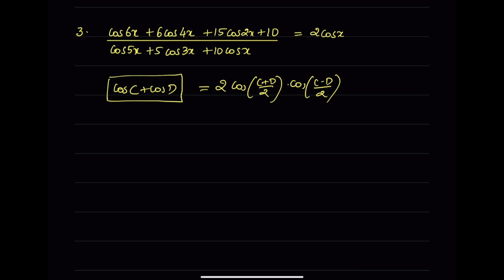Now let's observe the numerator and see what we can split so that we can change this to cos C plus cos D. So we can write the numerator again as cos 6x plus cos 4x plus 5 cos 4x plus 15 cos 2x can be written as 5 cos 2x plus 10 cos 2x plus 10.